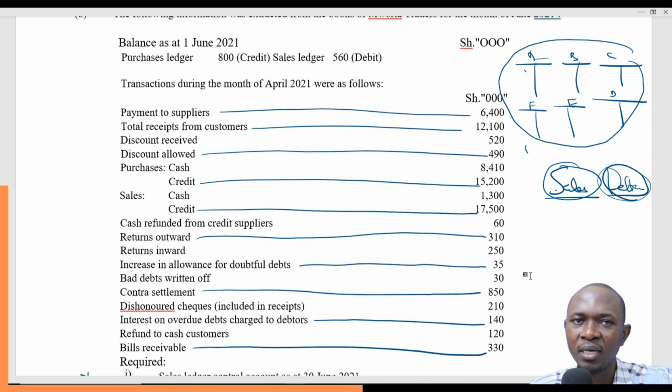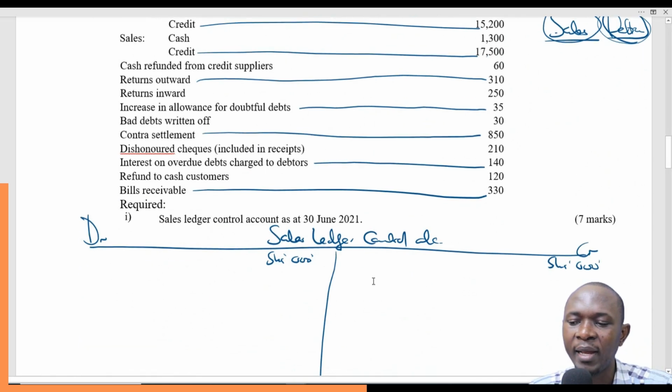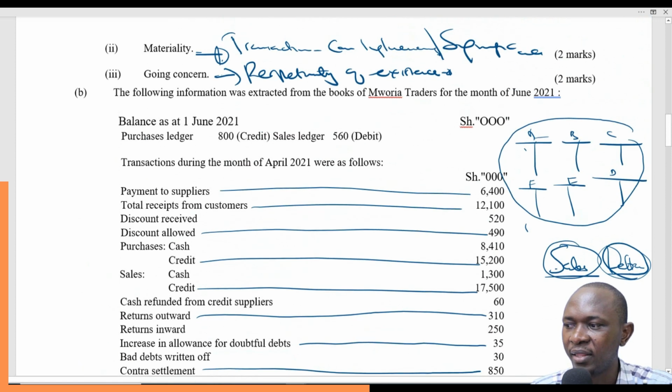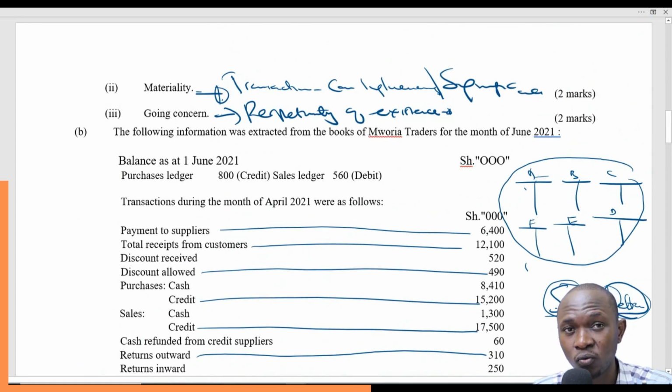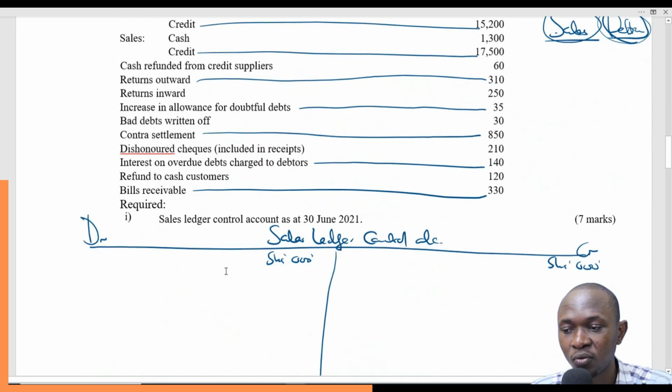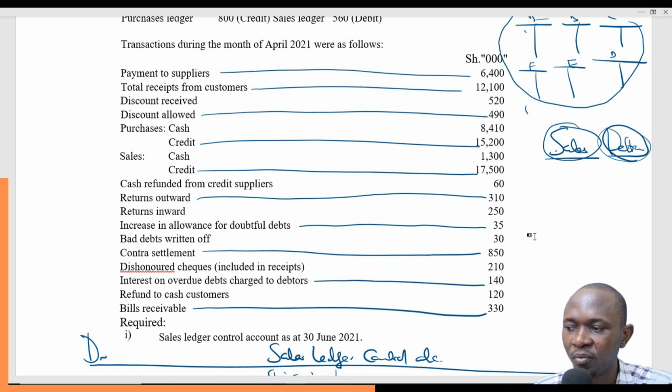So you are actually taking the total of all the debtors and putting them in one book, which is called the sales ledger control account. And the information that will be used to fill this is gotten from the day books.